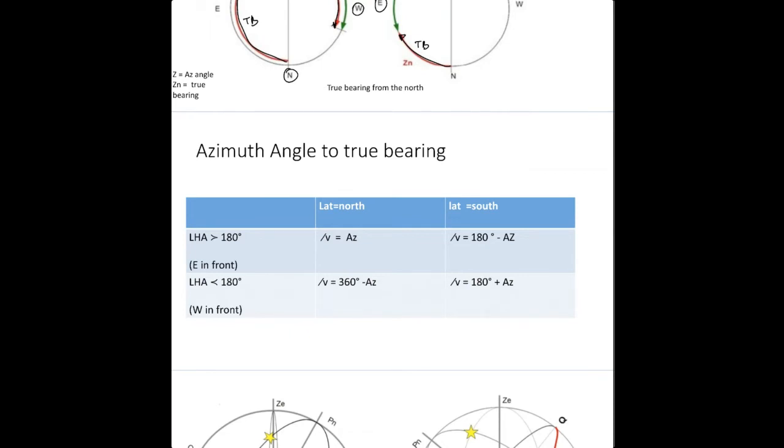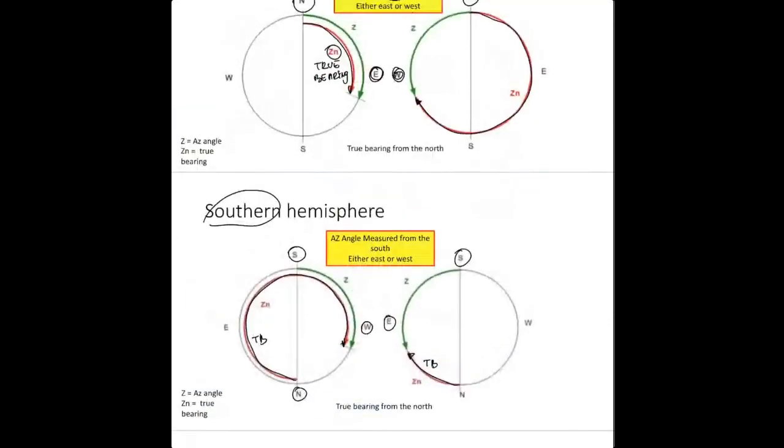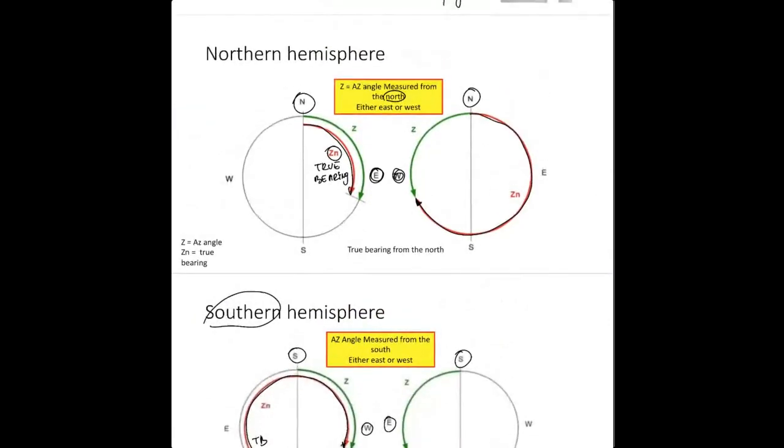When our latitude is north, our azimuth angle will be measured from the north, and so when it's over the east, this means that the east is in the front, so that your local hour angle is bigger than 180 degrees.